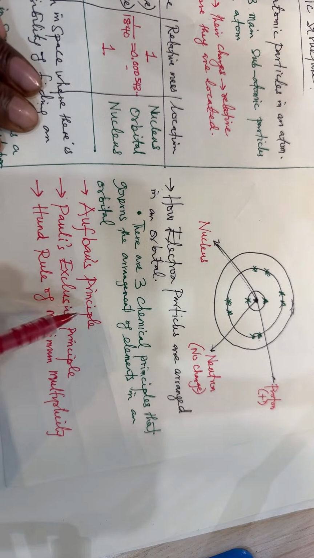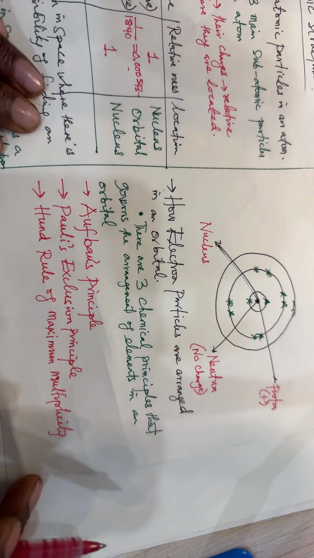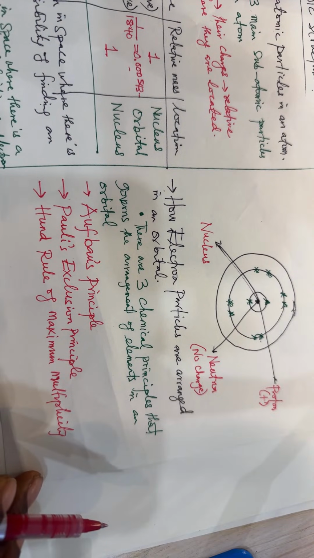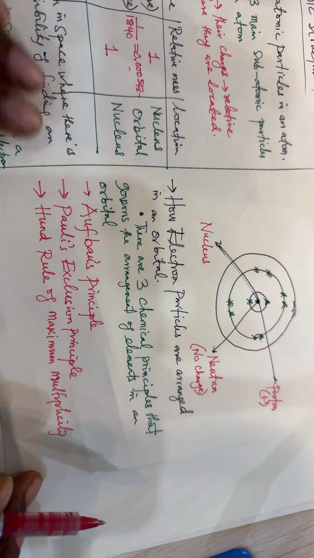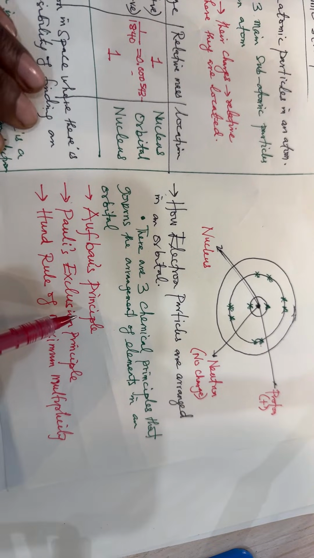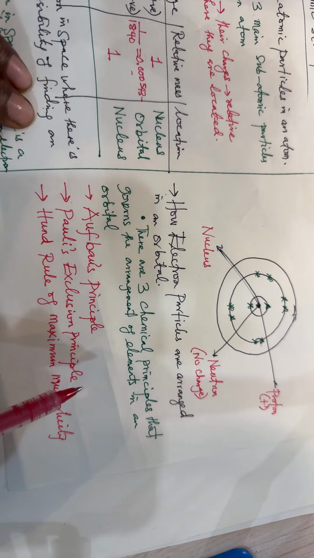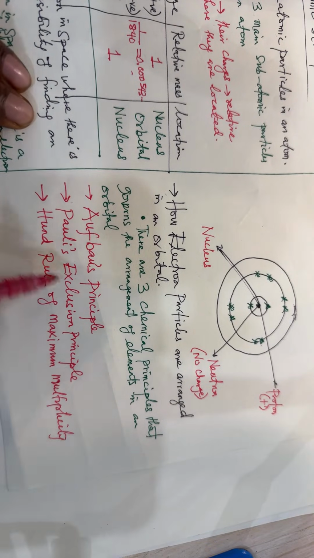So make sure, as I say you should call it, for the last time everybody repeat after me. Aufbau principle, keep your mouth well, call it well. Aufbau principle. Is that finished? Second one, Pauli's exclusion principle. Repeat after me now.